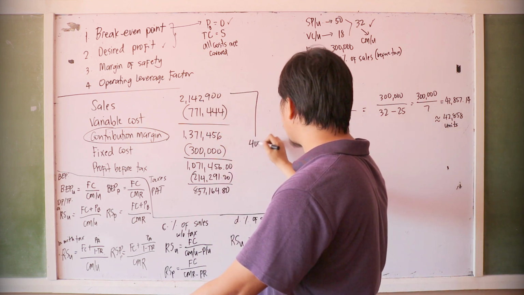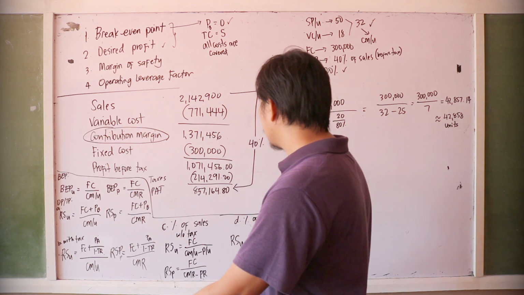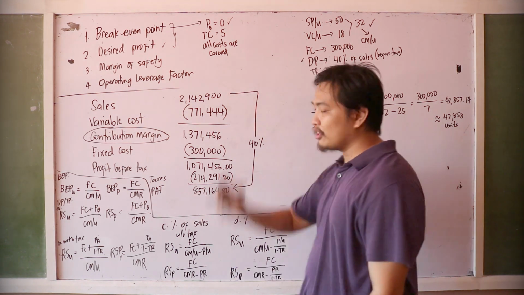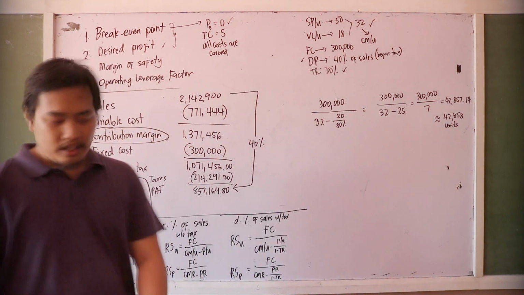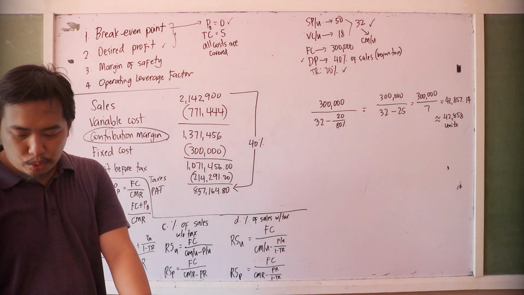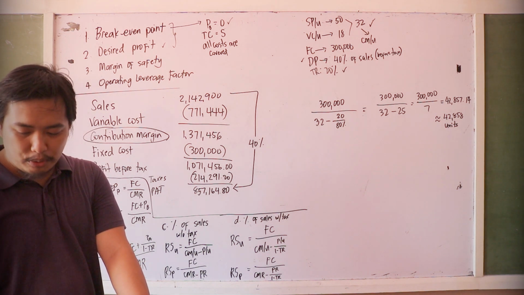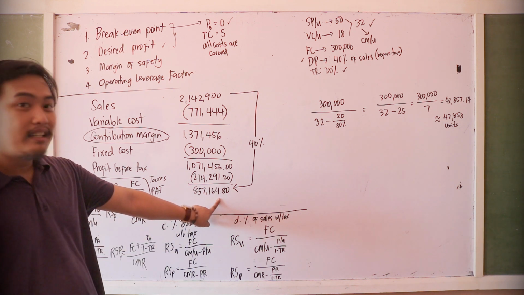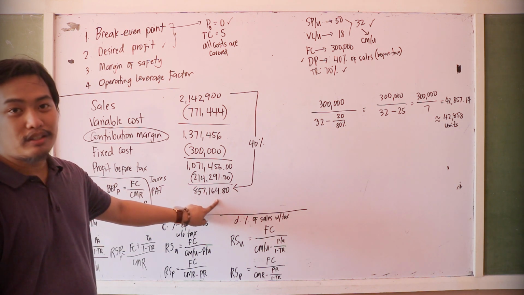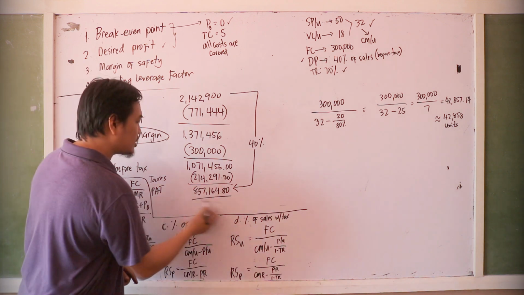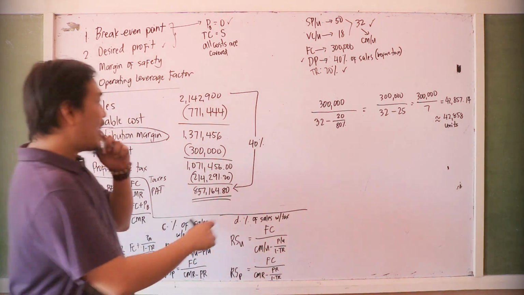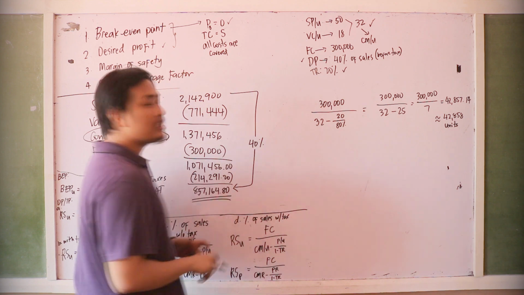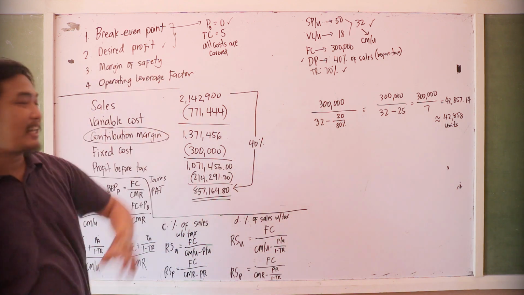Itong profit ba is 40% of your sales? Check natin. So, yung 2,142,900 natin times 0.4, ang lalabas 857,160. This is more than that amount. Ibig sabihin, we have reached our desired profit, which is 40% of sales after tax.